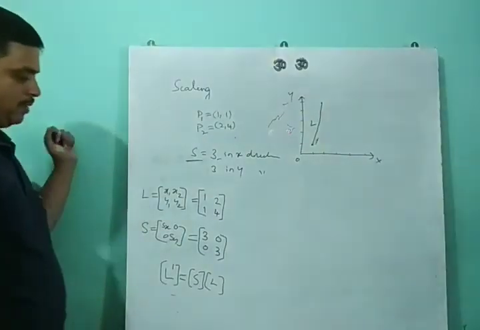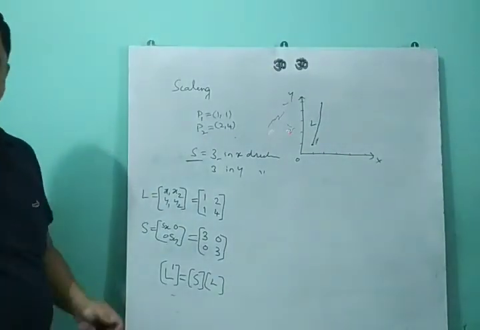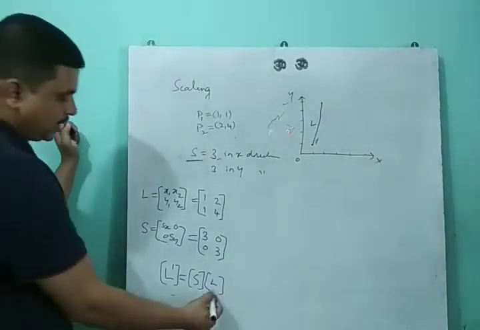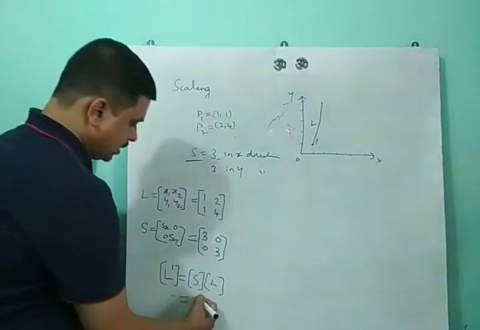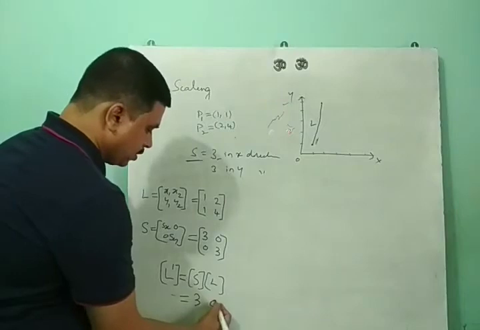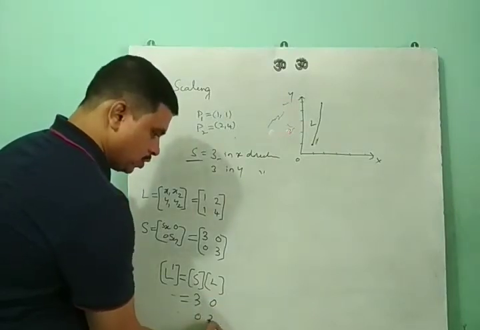We have to do the multiplication between the scaling matrix and the given line. So consider S as 3, 0, 0, 3.